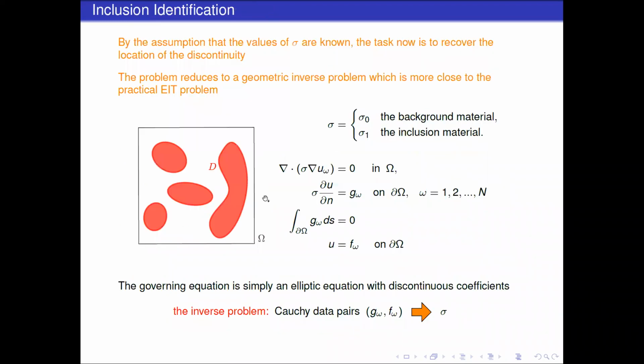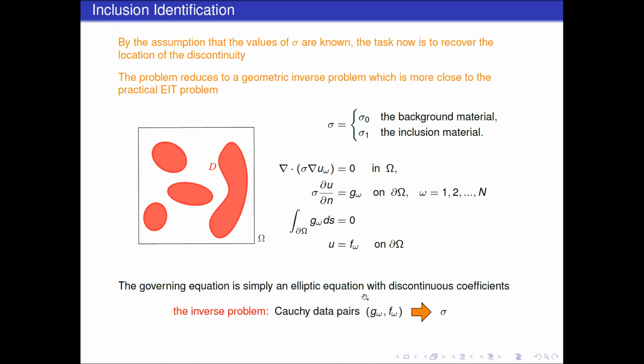For EIT, this is the governing equation, and the coefficient sigma represents the conductivity values of the background medium and the inclusion medium. If the coefficient is known, this is a very simple PDE, and we can just use one of the boundary conditions to solve it. But now the coefficient is unknown. Instead, we are given both of the boundary conditions, which is referred to as a Cauchy data pair.